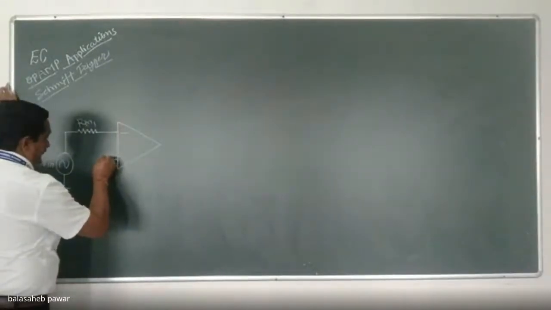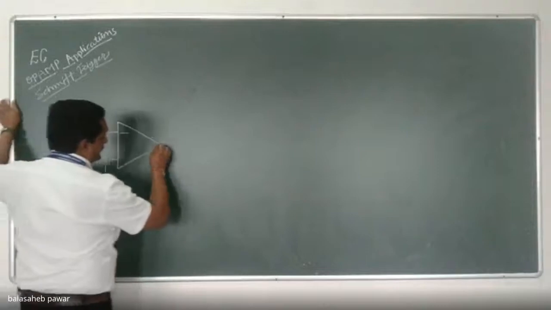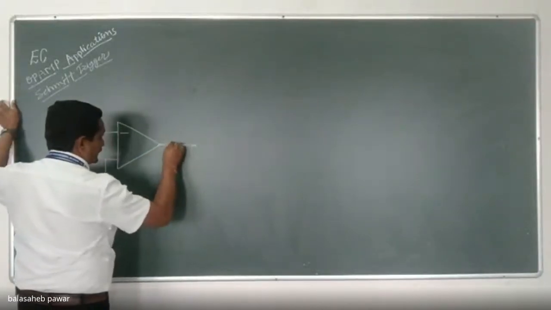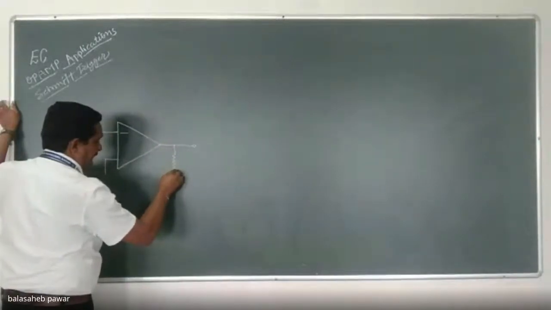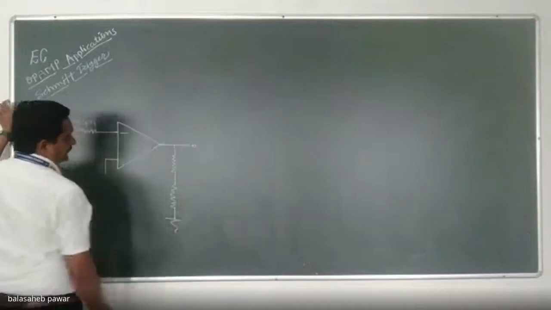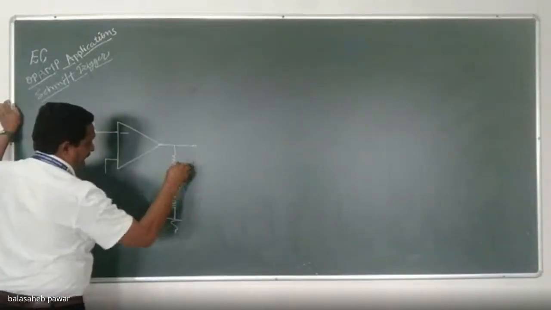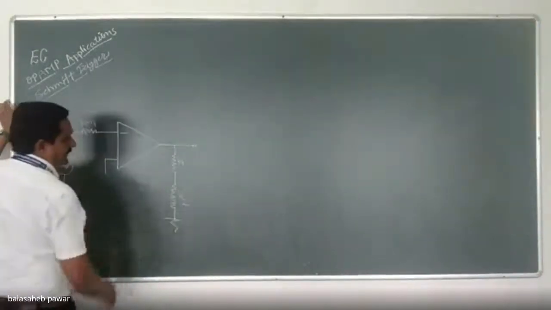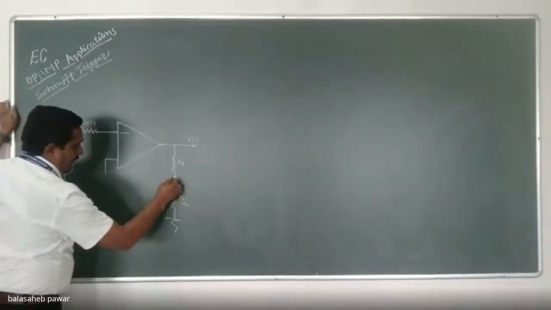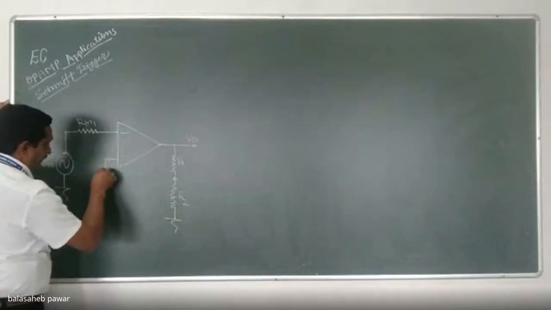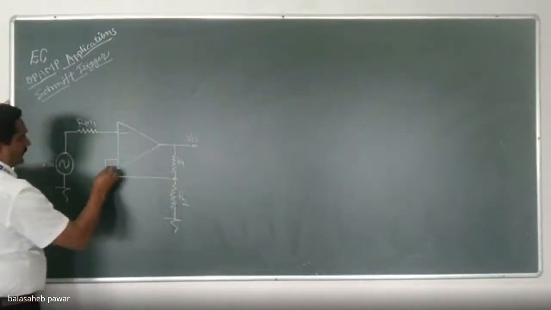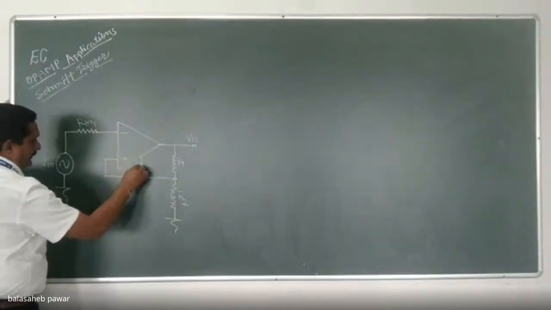And as I said, to overcome the limitations of that ZCD, as we have to use positive feedback, I will use here one voltage divider at the output formed by, suppose, R1 and R2. This is nothing but our VO, and the node voltage of that voltage divider we feed back to the non-inverting input of that op-amp.